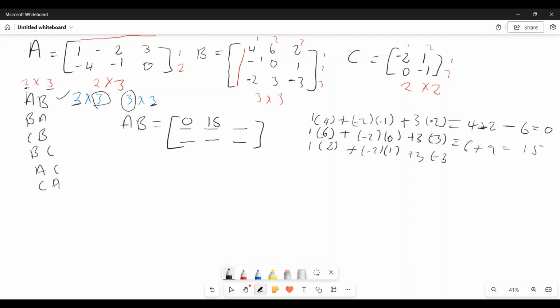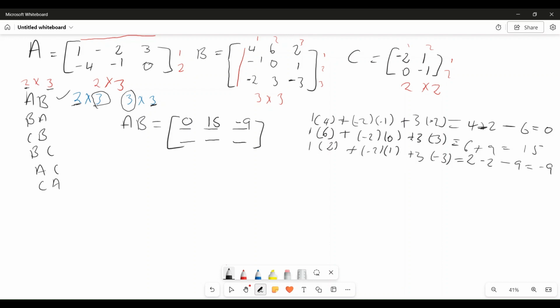It is pretty easy, not that difficult. You just need to pay attention and follow what is going on. So 1 by 2 is 2, and minus 2 by 1 is minus 2, and 3 by minus 3 is minus 9. So that simplifies to just minus 9. The entry there is minus 9.